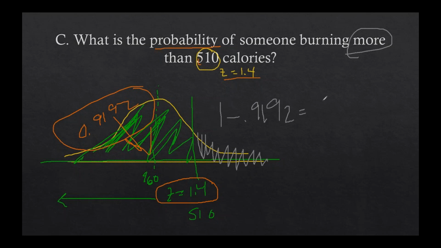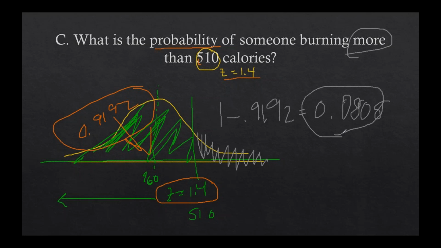Exactly. 0.0808. So if you're like, man, I really want to burn more than 510 calories at the gym, well, you've got an 8.08% chance of that happening. Probability, based off this data set.